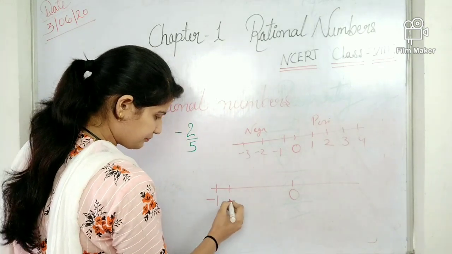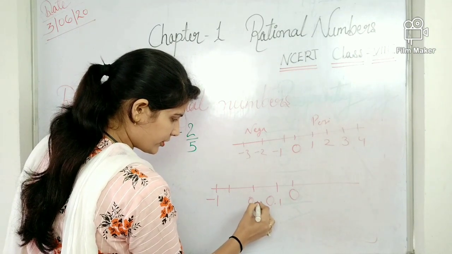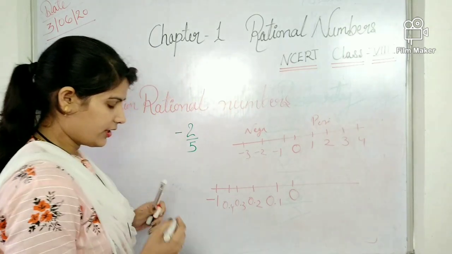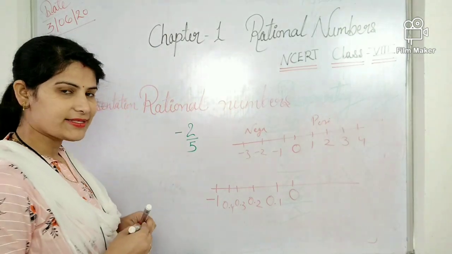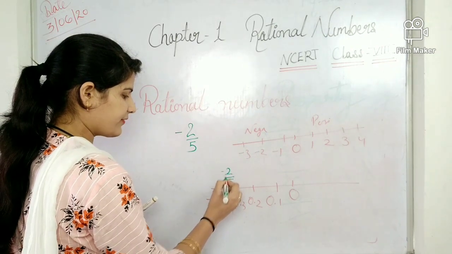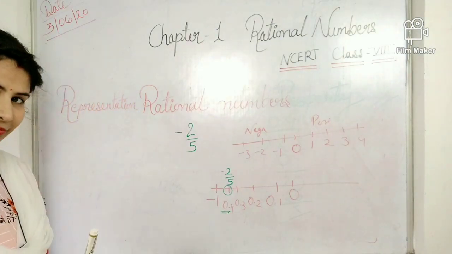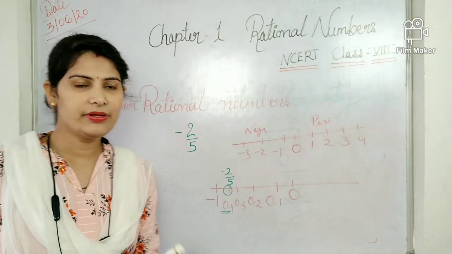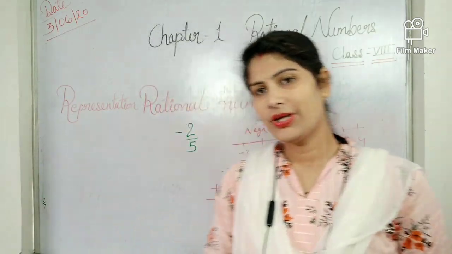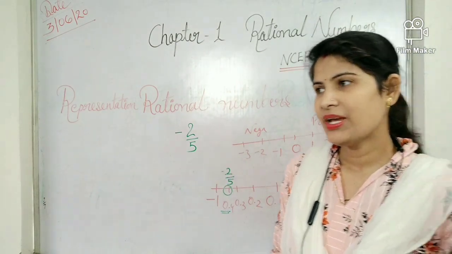Here is 0.1, 0.2, 0.3 and 0.4. That means the number exists here. Minus 2 upon 5, okay, 0.4. So this is very simple, and when we solve questions, then we know all about this representation. This is a simple example I told you.